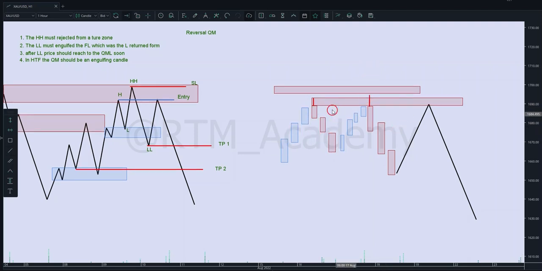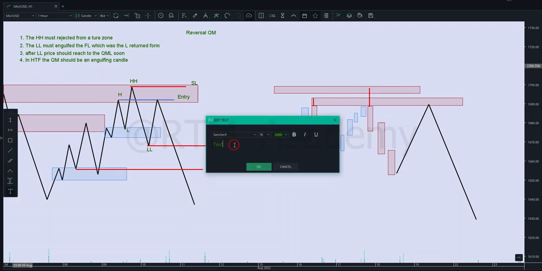We consider it a high risk QM. So the fifth condition is that the QML, meaning QM level, should be in the body of the engulfing candle in the higher time frame.